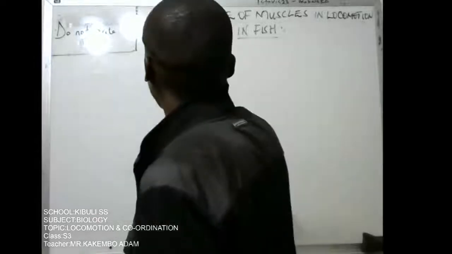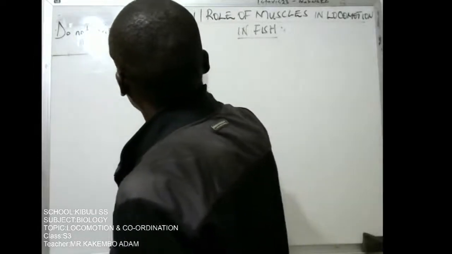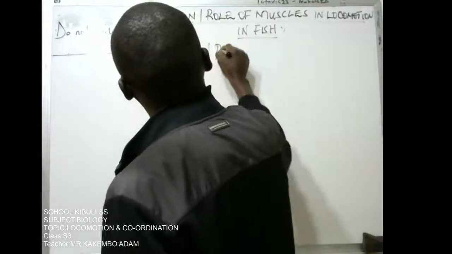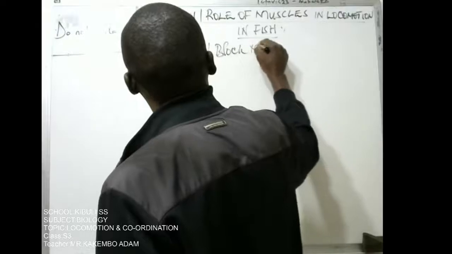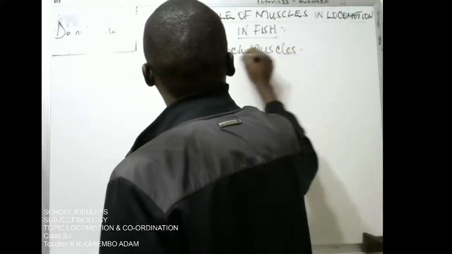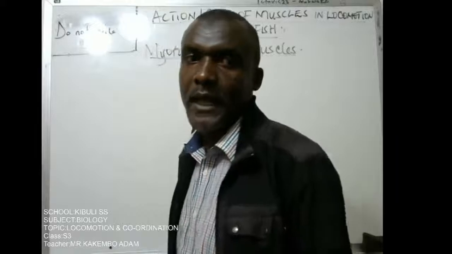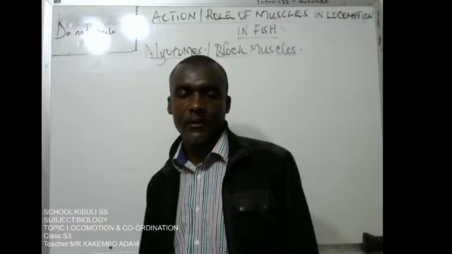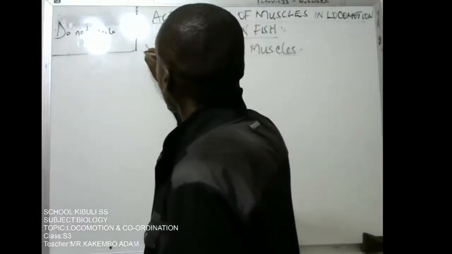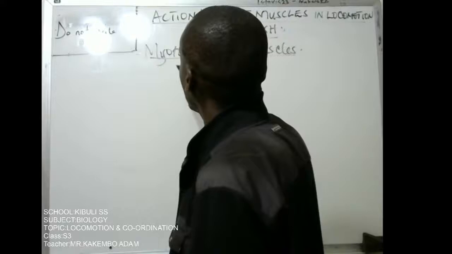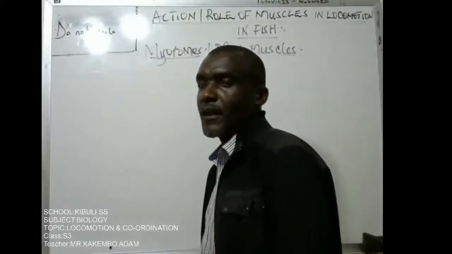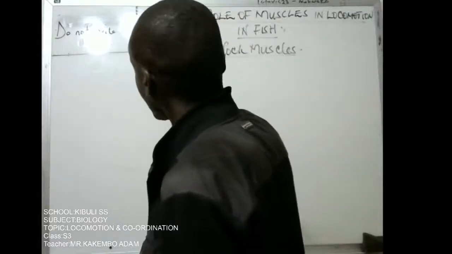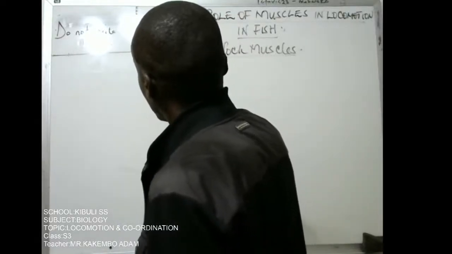The muscles we described and gave a name, myotomes, or we said they can also be called block muscles. These occur on either side of the body of the fish, and they are attached to the skeleton. So locomotion in fish is achieved by the movement of the muscles attached to the skeleton, and it is also aided by the fins.